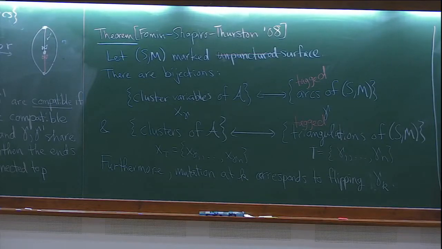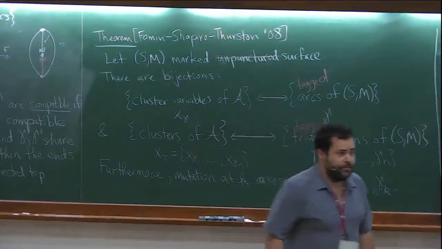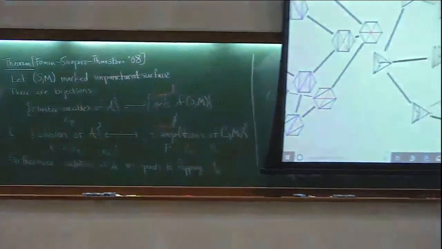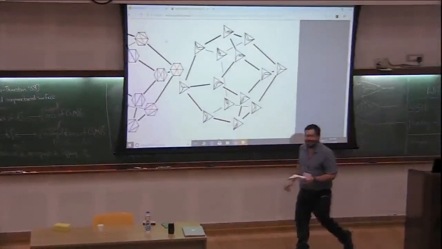With my last few minutes, I want to state for you the classification of finite mutation type cluster algebras. Most of them come from surfaces. I'll leave this up and you can look at it. I'll start over here.